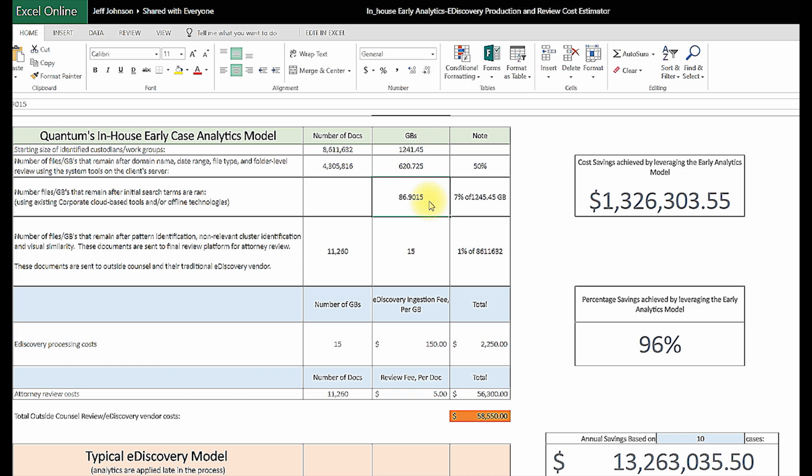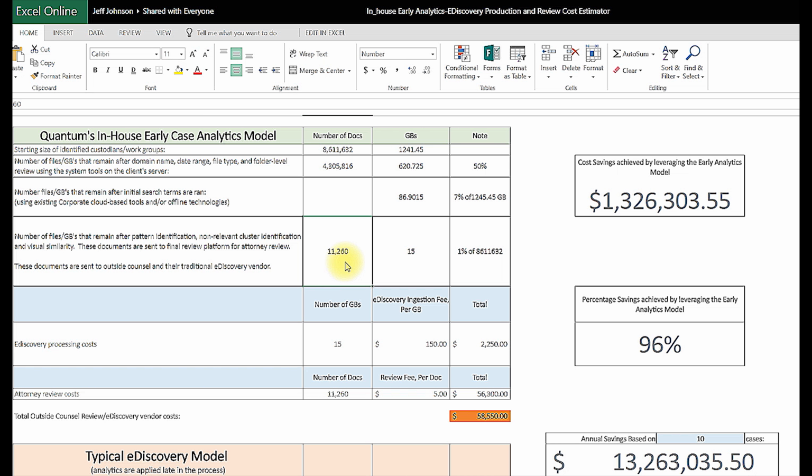Once we have that 86 gigabytes partitioned off, we can run analytics against it. And in this particular case, when we ran analytics, it reduced the data set even further to 15 gigabytes or 11,260 files. We used pattern identification, non-relevant cluster identification, and visual similarity to locate non-relevant documents, and then also refine outside counsel's key terms.